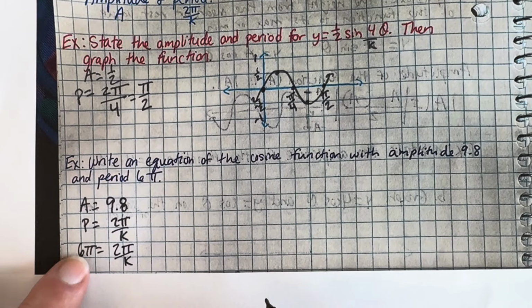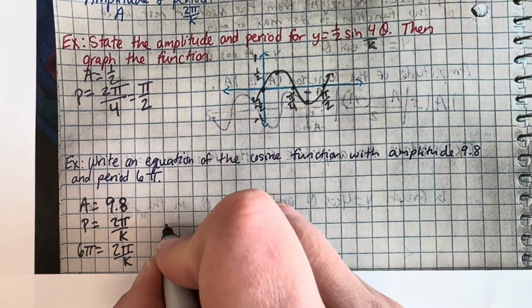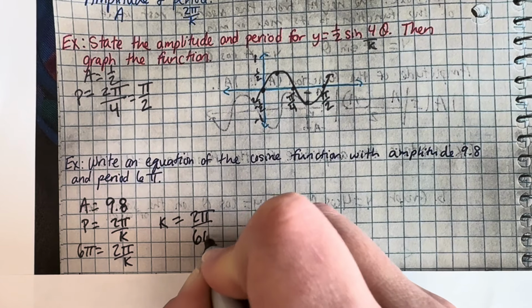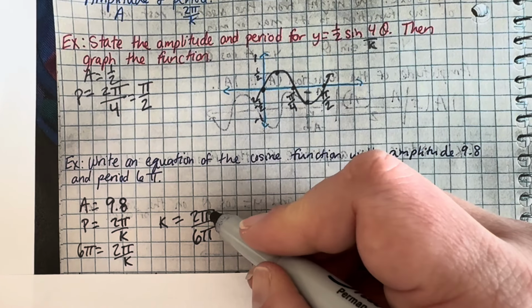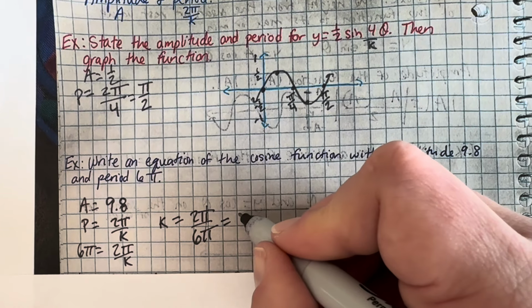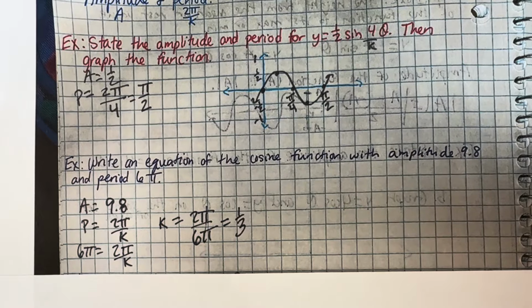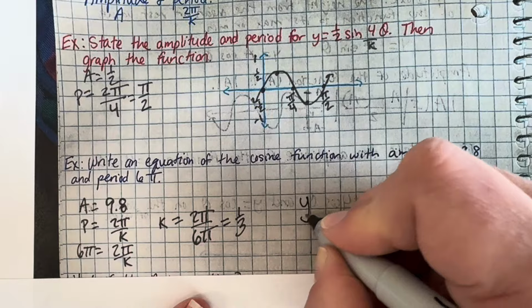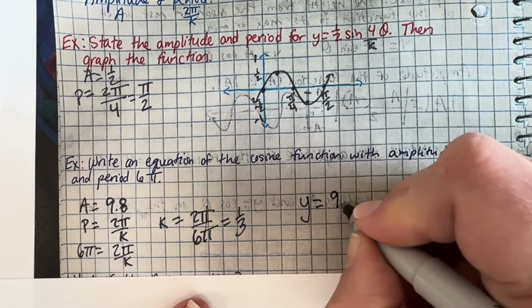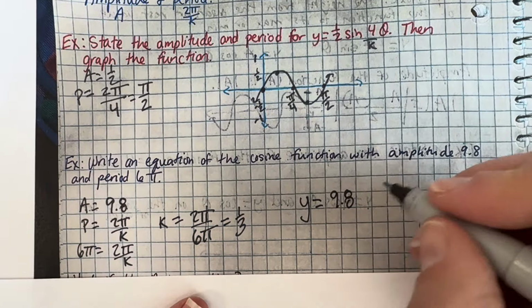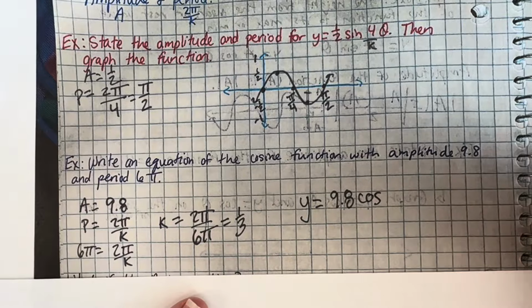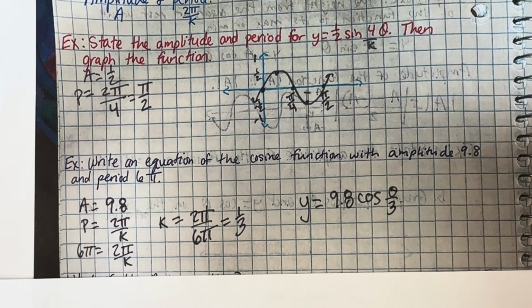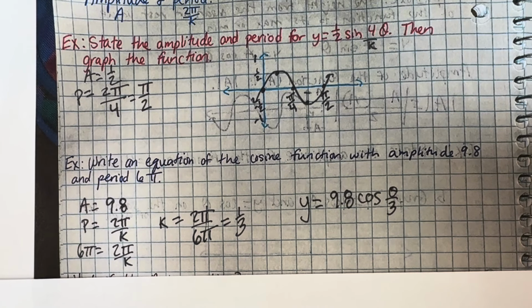I'm going to flip-flop my 6 pi and my k, so k equals 2 pi over 6 pi. Now I'm going to reduce this, so k is equal to 1/3. Now I'm going to plug that into my equation. So I'm going to have y equals 9.8, because that goes in front of it, cosine of theta over 3, because that k is attached to that theta.